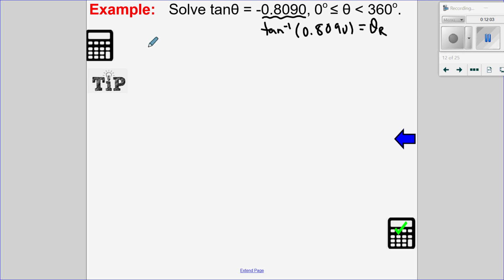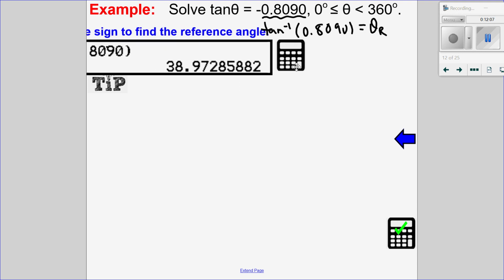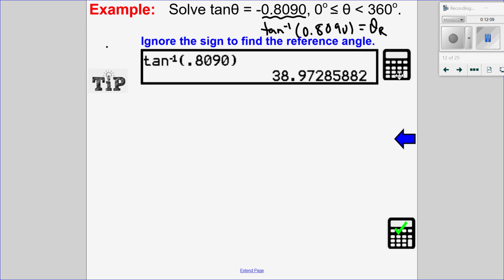So I can plug it into my calculator. Ignoring the sign, tan inverse of that is now my reference angle. It's not one of my nice special triangles, so I know that my reference angle is 39 degrees.